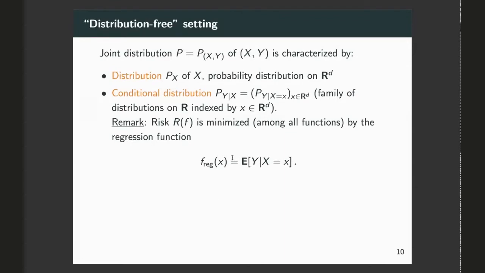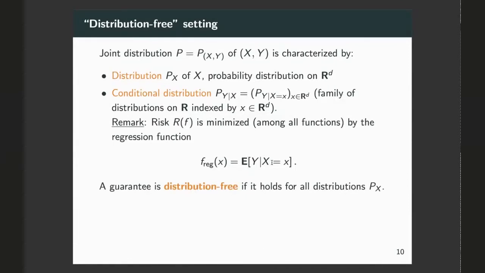So for each X, we have the conditional distribution of Y given that X is equal to small x. And if we know this, we can also define the best prediction function among all functions, which is just the conditional expectation, which I call the regression function.